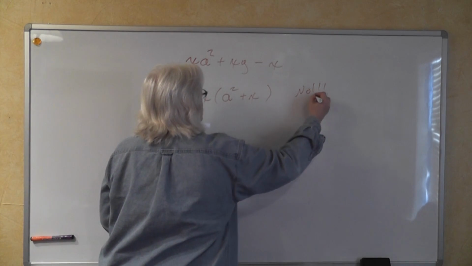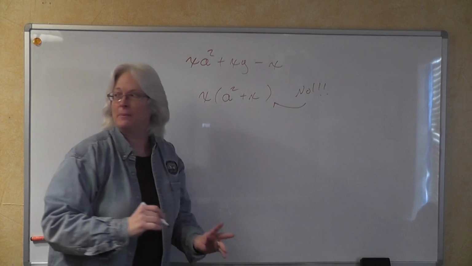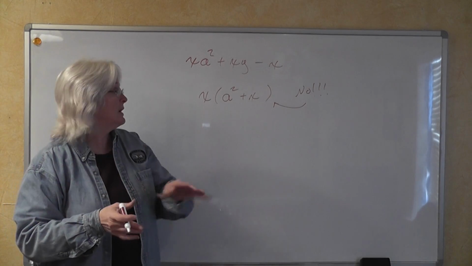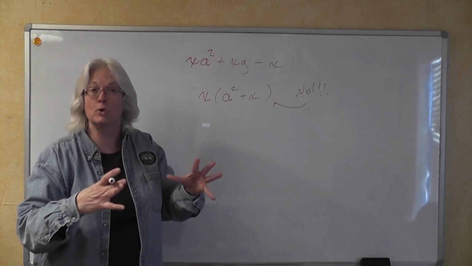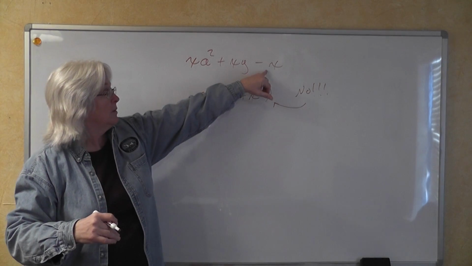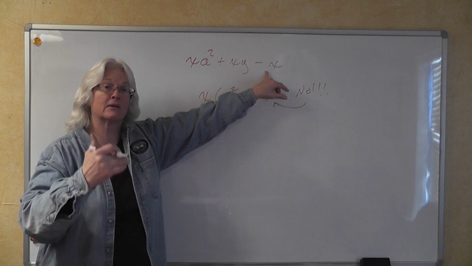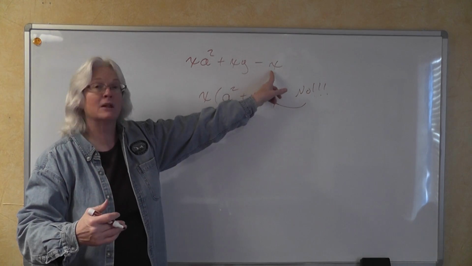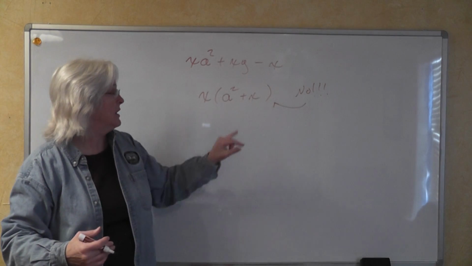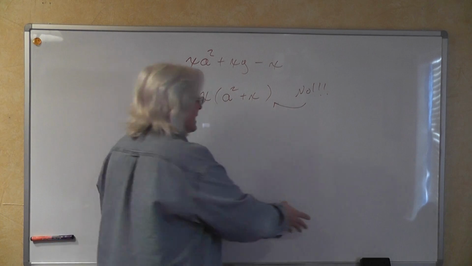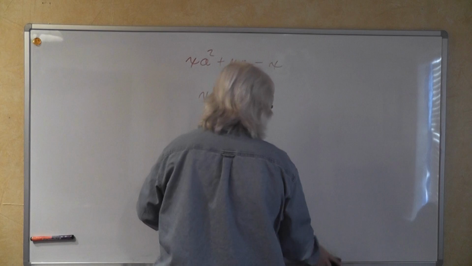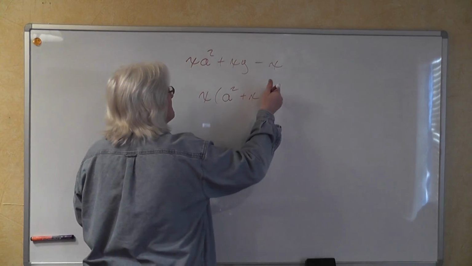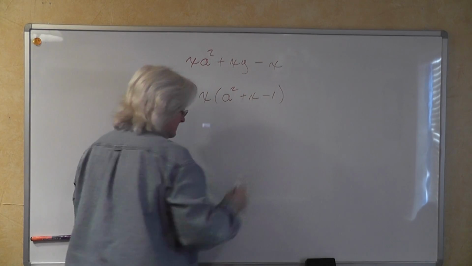No. This is a trap that kids will fall into sometimes. They think, okay, we have a factor of x, we've removed that factor of x, it goes away. Remember, whenever you can't see that coefficient at the beginning, you still have an understood coefficient of 1. So your answer here is actually going to be x times the quantity a squared plus y minus 1.